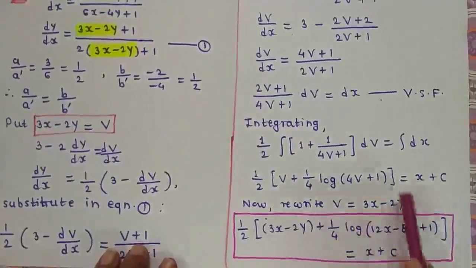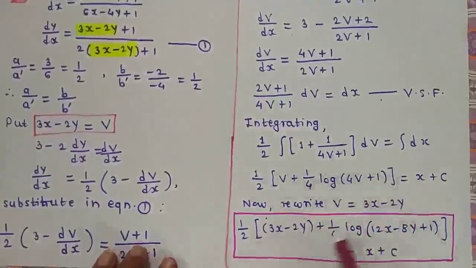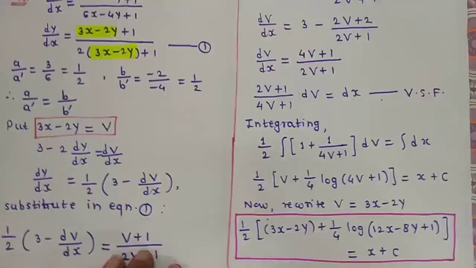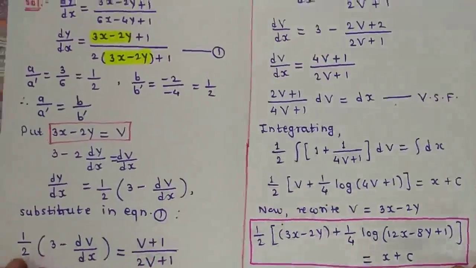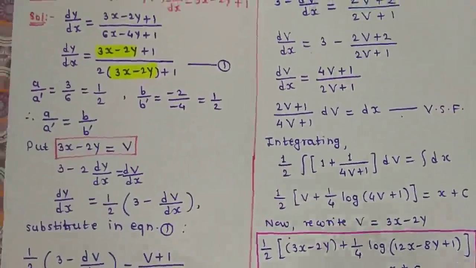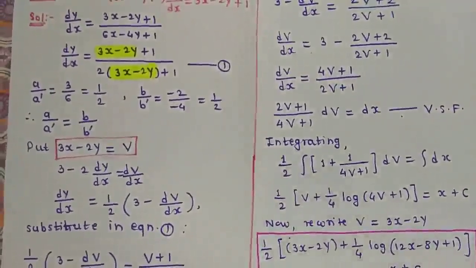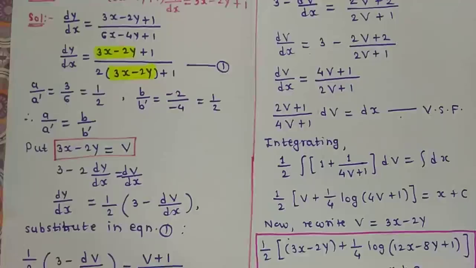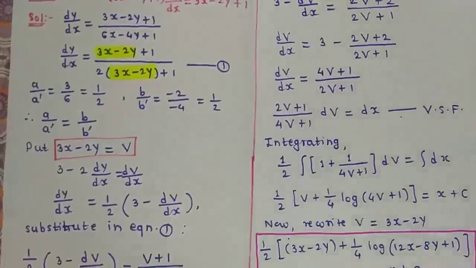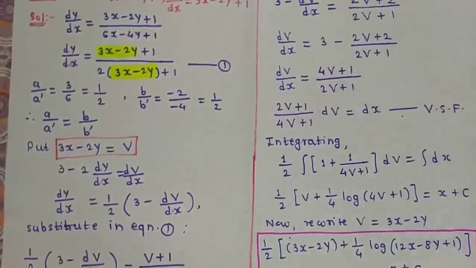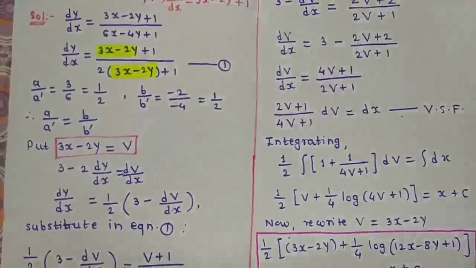So by rewriting this value of v, we get the required solution. So in this way, we solve non-homogeneous differential equations in two cases. So remember, there are two cases: a upon a dash equals b upon b dash, and another case is a upon a dash not equal to b upon b dash. Okay, so in this way we solve this differential equation.